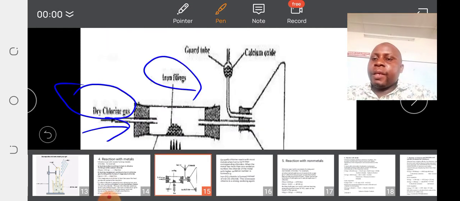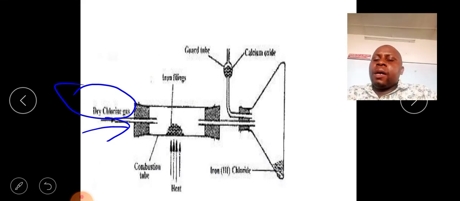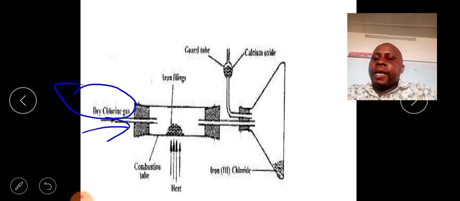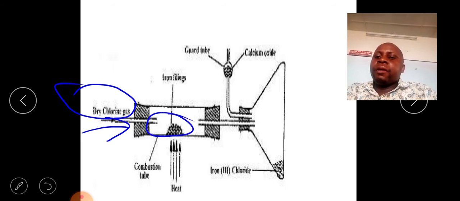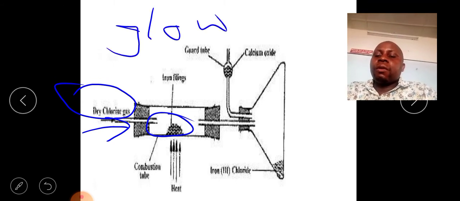So we are saying here that the dry chlorine will react with iron, and as it reacts with iron, these iron filings will glow. It will continue glowing, and then it produces red-brown fumes.